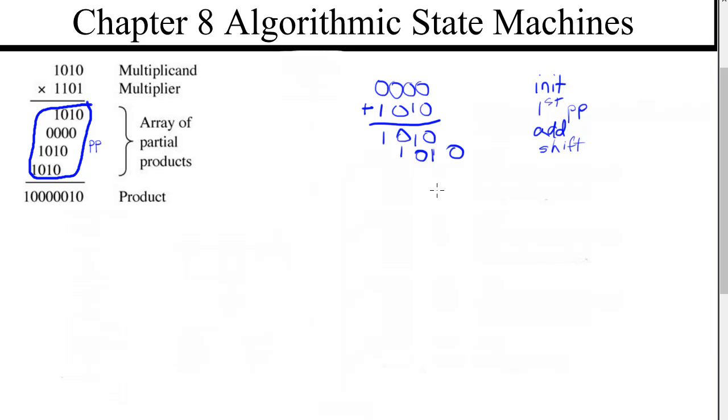All right. And now we're going to write down our second partial product. Our second partial product is 0 times this, so it's a bunch of zeros. 0, 0, 0, 0. Then we're going to add. Now that 0 comes from the carry, right?